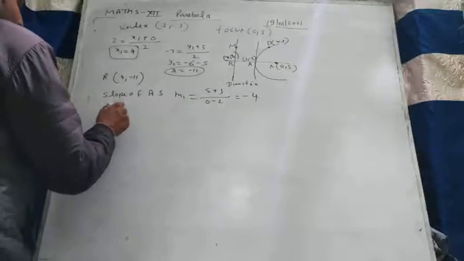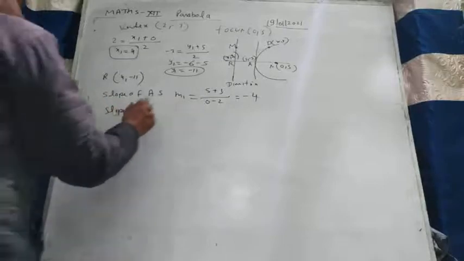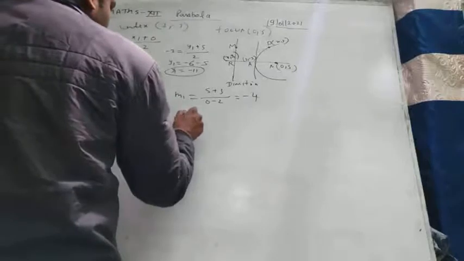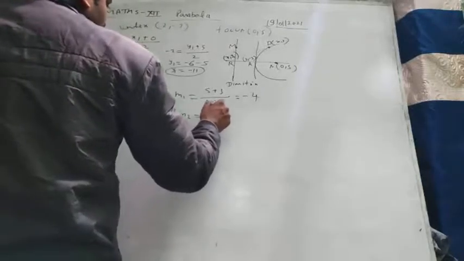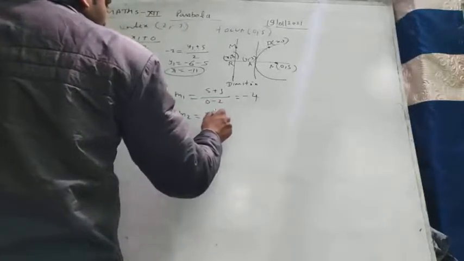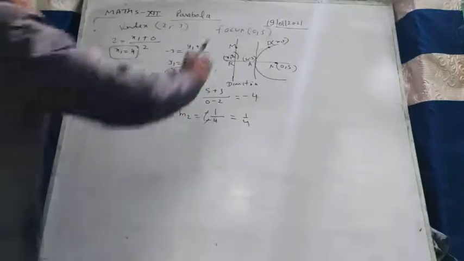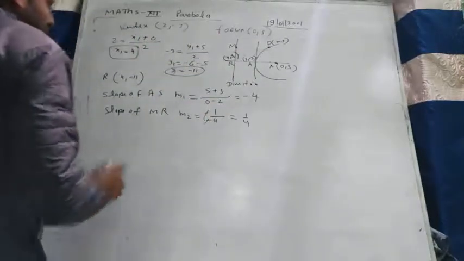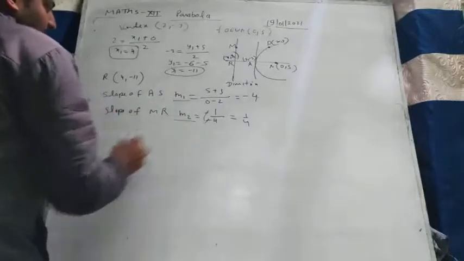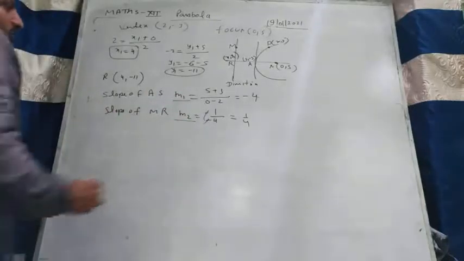Now slope of MR will be equal to minus 1 by minus 4, so this is equal to 1 by 4. Slope of MR, which is perpendicular to this line, is 1 by 4.